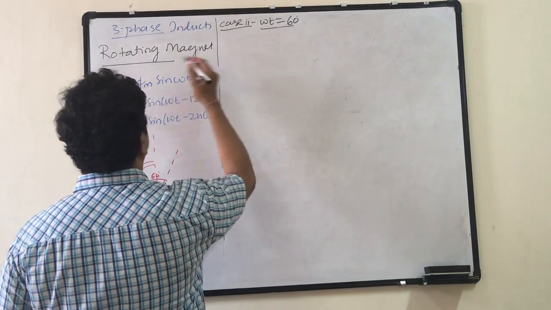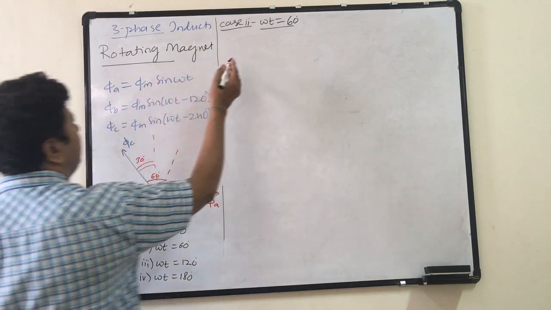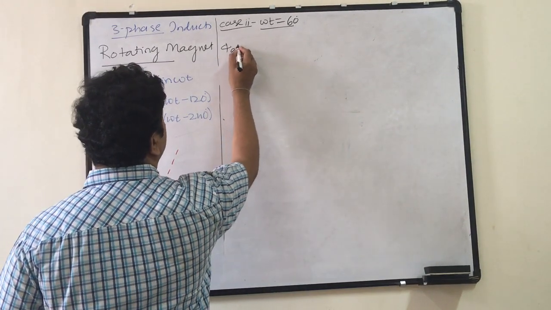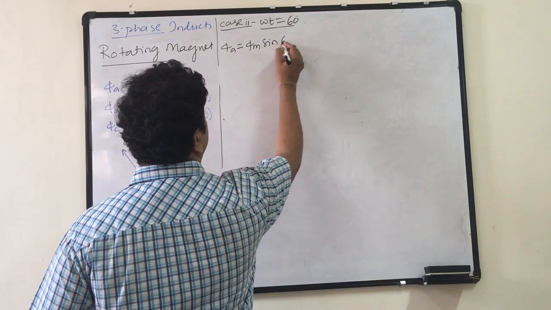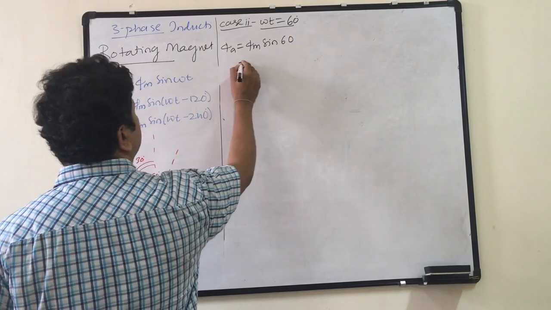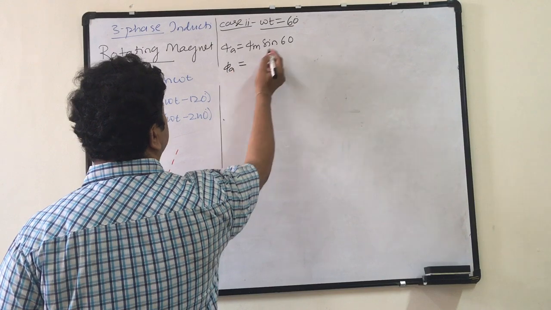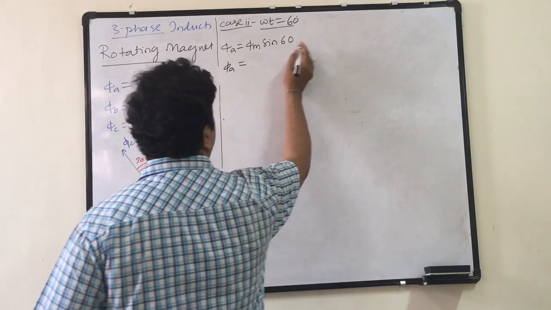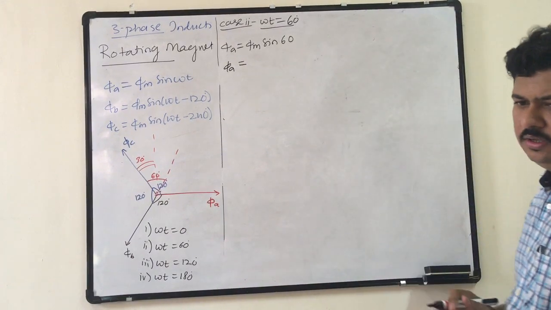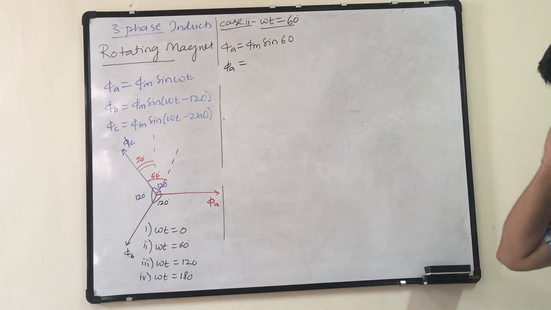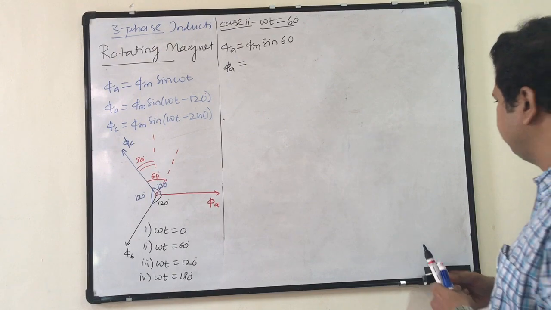When omega t is equal to 60 degrees, with respect to that, what is phi a? Phi a will be equal to phi m sin 60. Somewhere I will mark the position of this resultant vector.